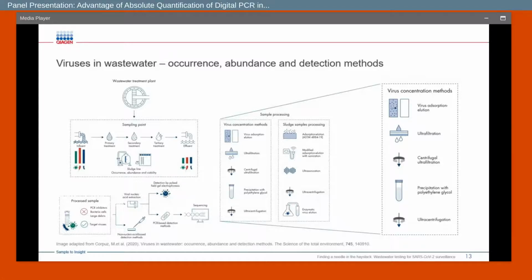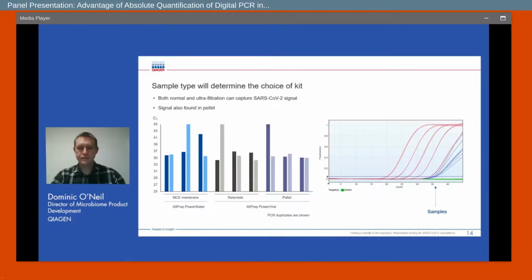So looking at the virus concentration methods, I talked in the previous slide about how we had looked at pellets, mixed cellulose ester membranes, and ultrafiltration. Those are all methods that are described here as standard methods of concentrating SARS-CoV-2 in wastewater. We were interested to see whether there was one method that we could recommend over any other.